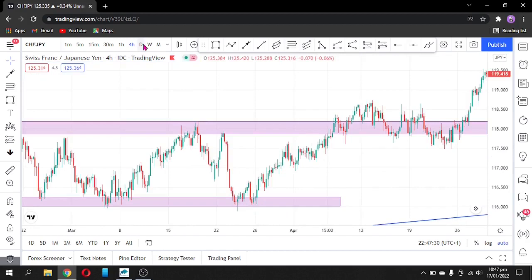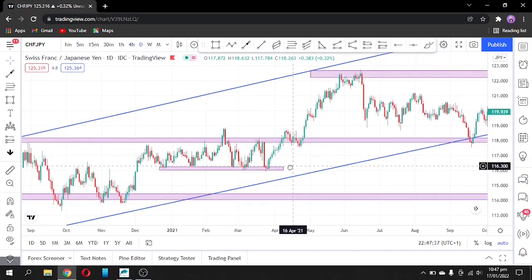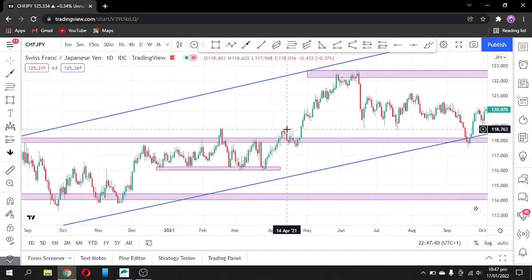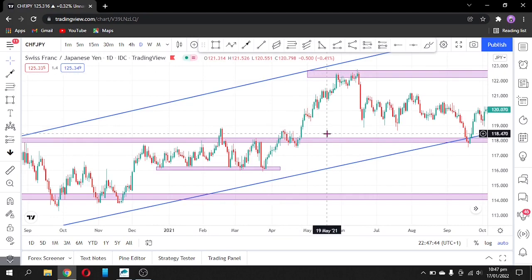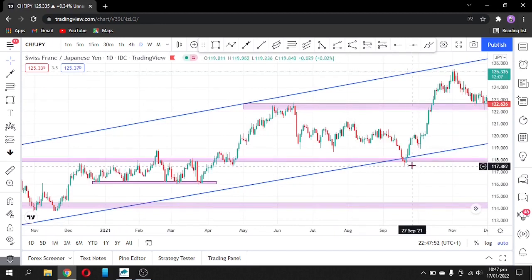So going back to the daily time frame, this is the support, then price broke above the resistance and then a retest, then price continued pushing up to this resistance, where we had a pullback, but the pullback didn't go below the previous low, which is this low.